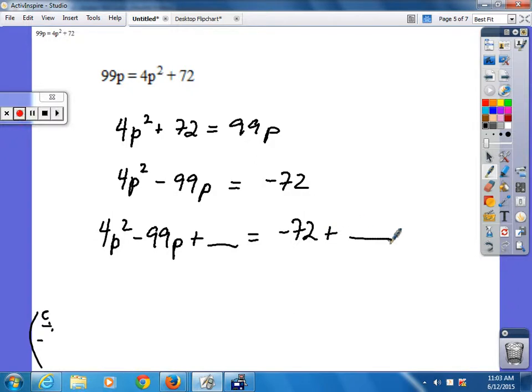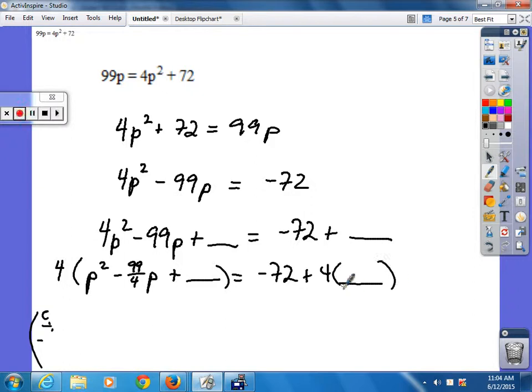Factor out the 4. That's going to give me 4 times p squared minus 99 over 4 p plus 1 is equal to negative 72 plus 4 times 1.